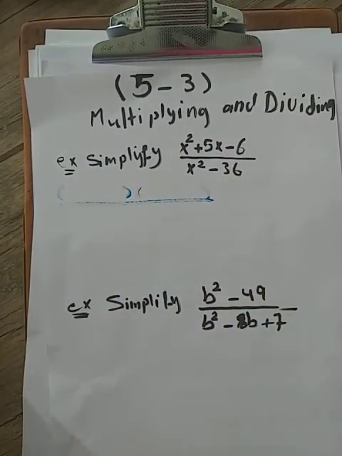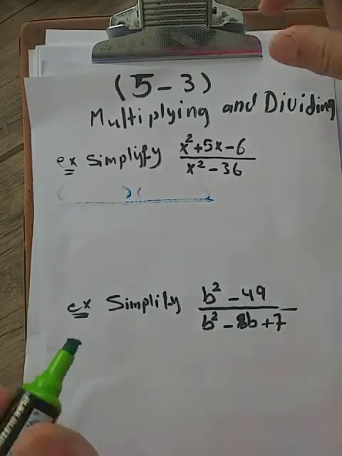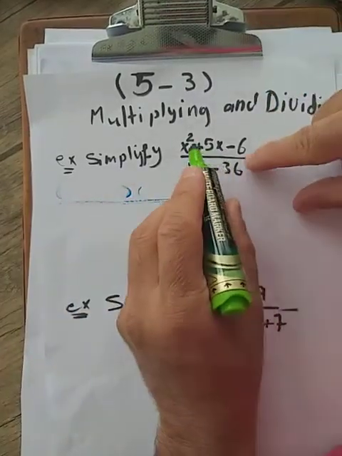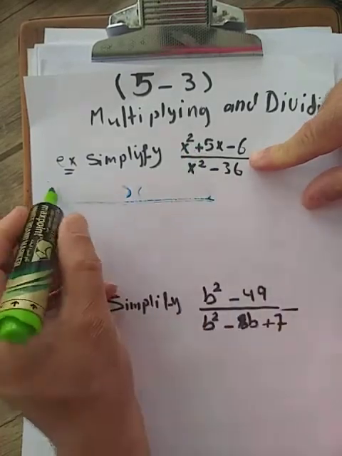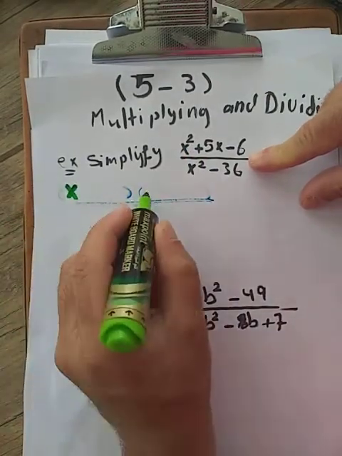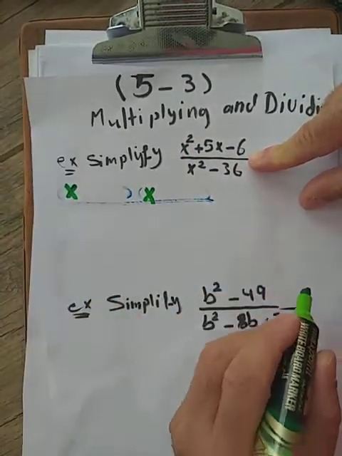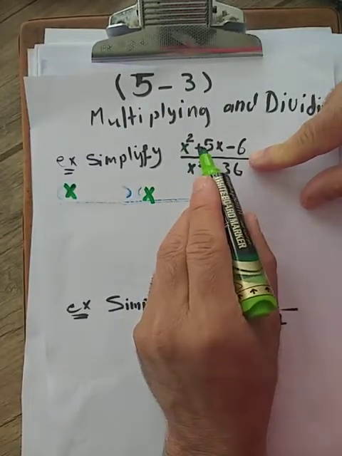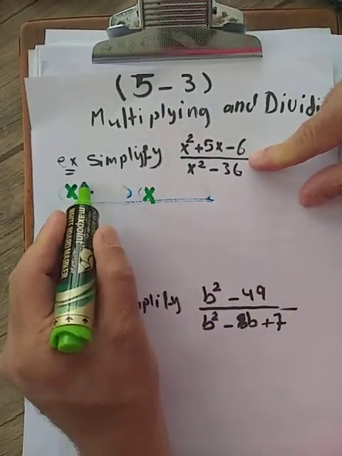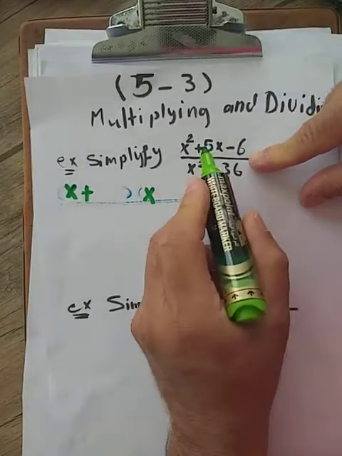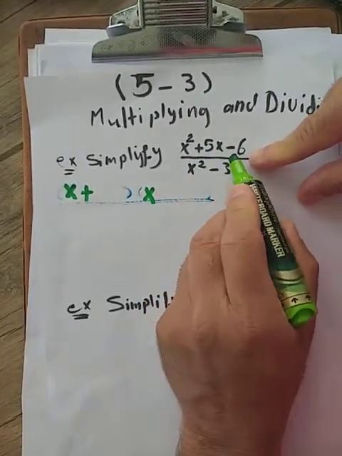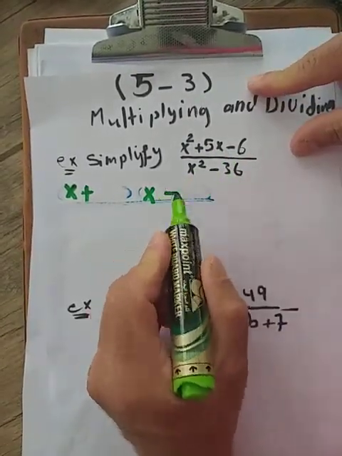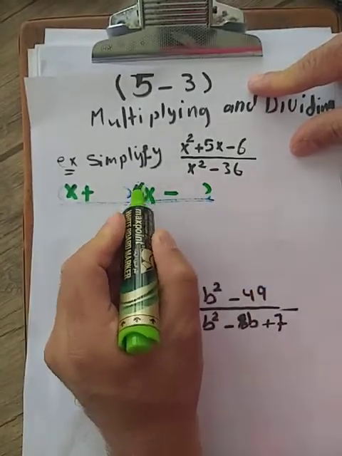Open two brackets, and for x squared you write x and x. Positive times positive times positive is positive. Positive times negative is negative.